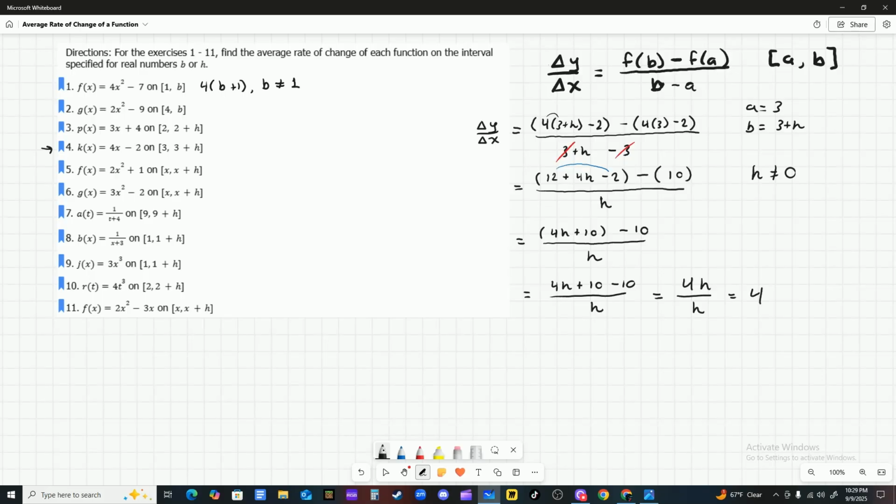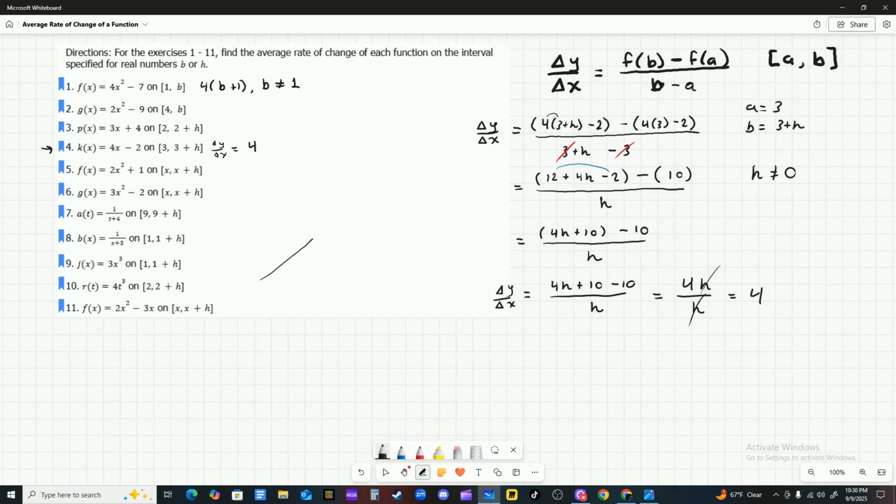And that's our answer. The h's cancel. So delta y over delta x, the average rate of change in this case, is simply 4. Okay? So delta y over delta x is equal to 4. And that makes sense that 4 is a constant number because it's a linear function.